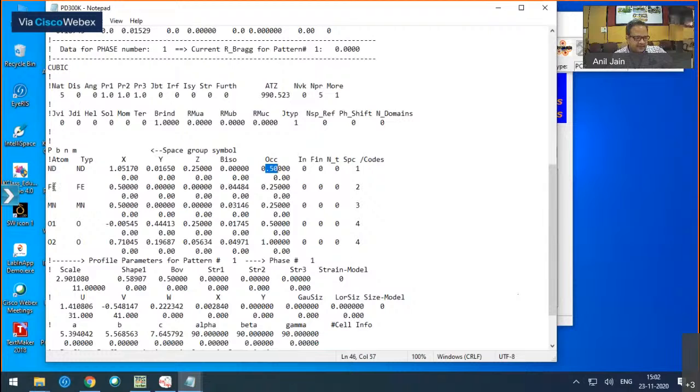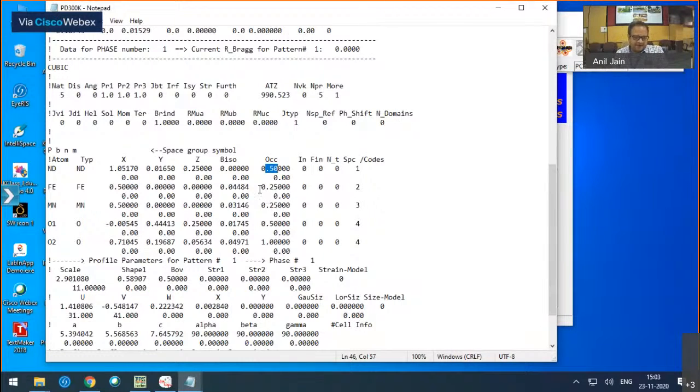Similarly, in this material, iron and manganese both go to the same site and the multiplicity of that site is 4. So the total, the summation of the occupancy of iron and manganese, should be 0.5.